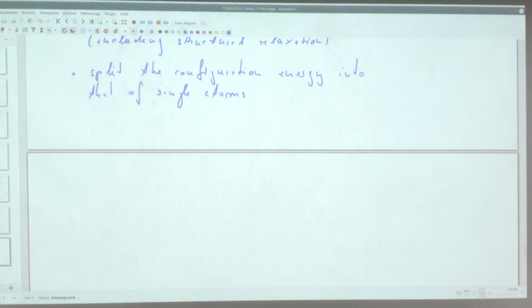You describe the local environment in simple functions.